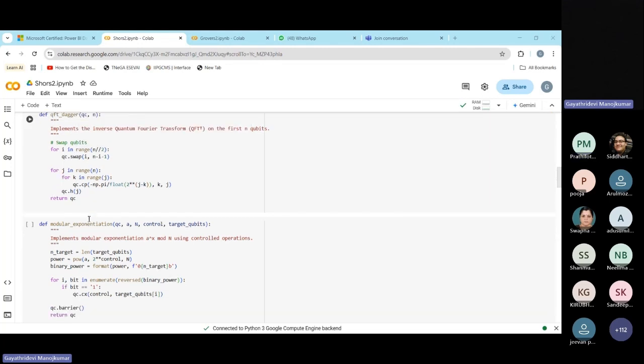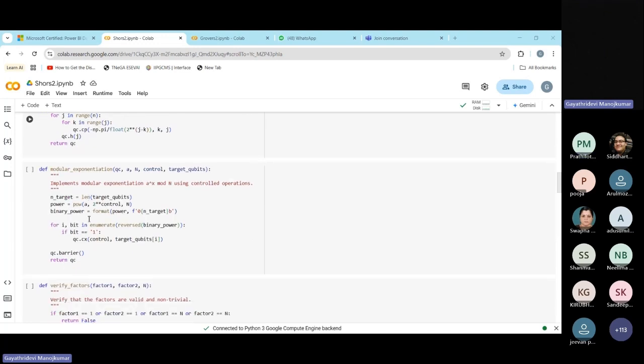And next, I have used the modular exponentiation. Here we realize the purpose of Shor's algorithm.